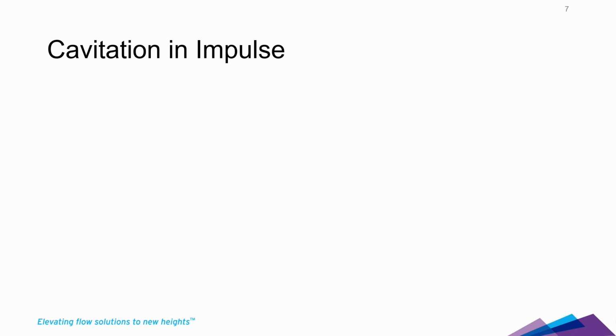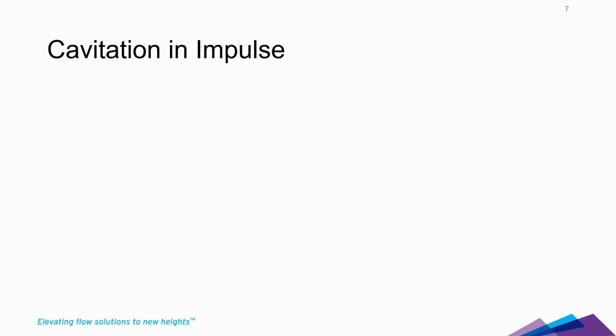Now, how is cavitation dealt with in AFT Impulse? In AFT Impulse, we're using the method of characteristics to solve the transient mass and momentum balance equations within the software.